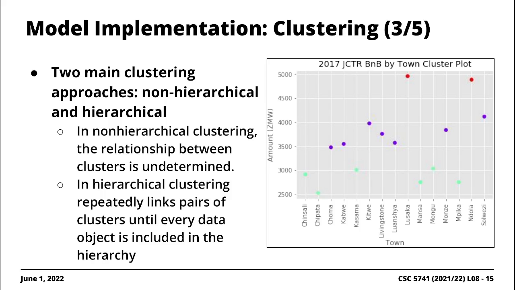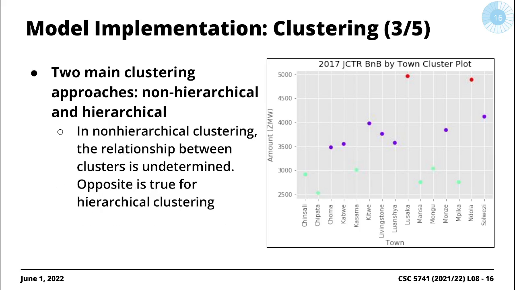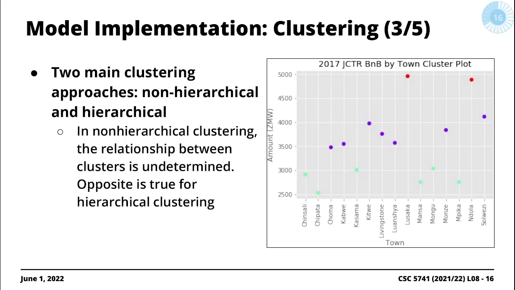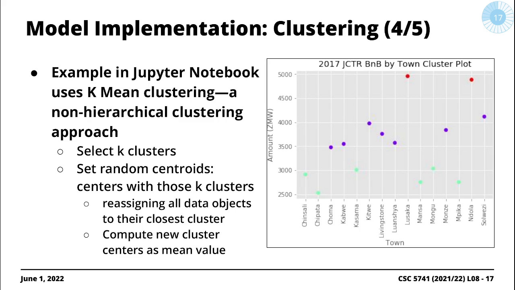Whilst in hierarchical clustering, you repeatedly link pairs of clusters until every data object is included in the hierarchy. Like I said, in the example we are focusing on, we just want to get an appreciation of how clustering works. And so we focus on so-called k-means clustering. It's a classic example of a non-hierarchical clustering approach.